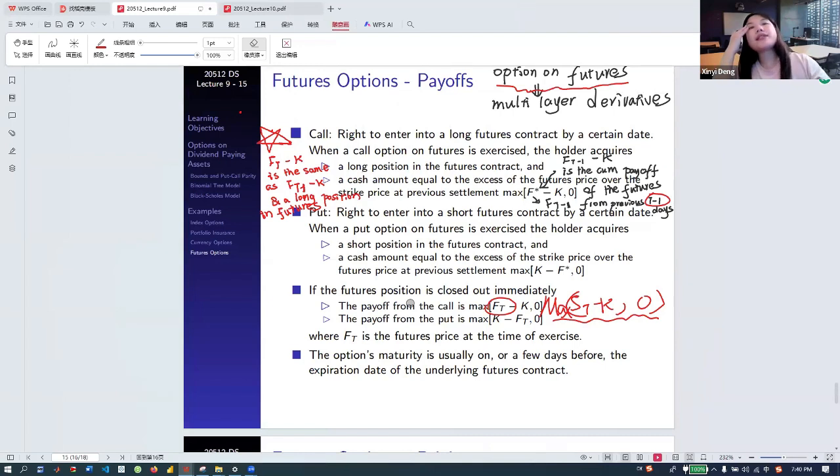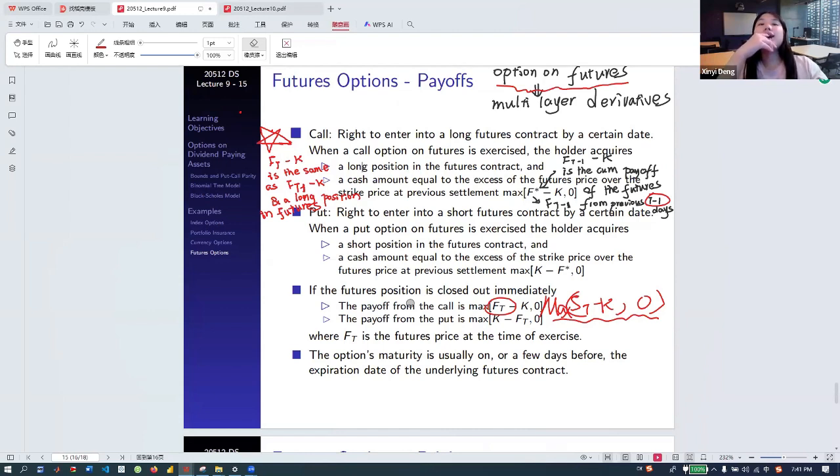Then for the put, if it's exercised, there are again two ways to do the settlement: either cash settlement or physical delivery.